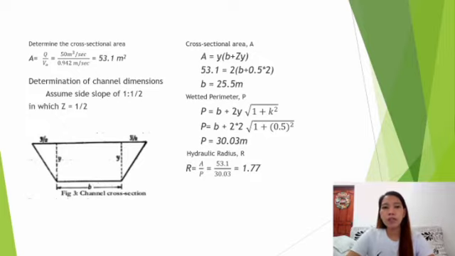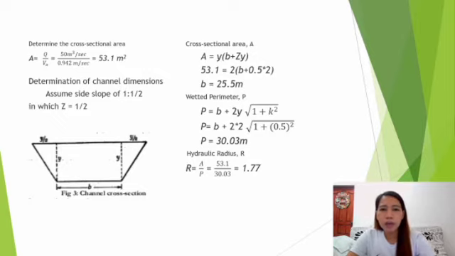Then after that, we'll get the wetted perimeter P, also with a given equation for a trapezoidal section. We'll just need to substitute the values of B, and also the value of D that we have assumed, and also the value of Z. So P is equal to 30.03 meters.